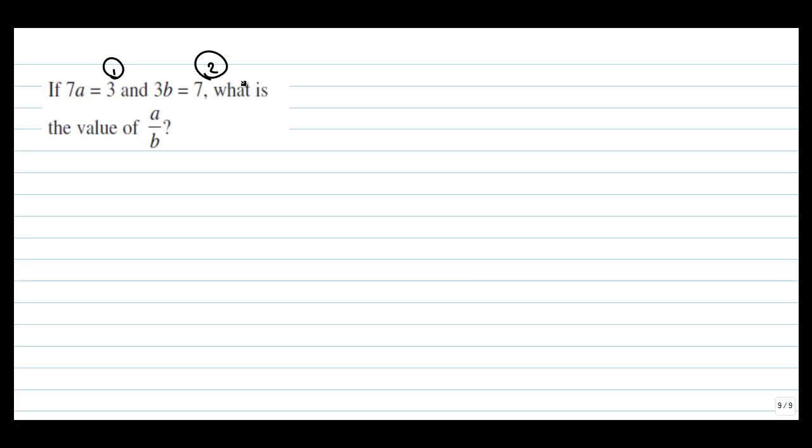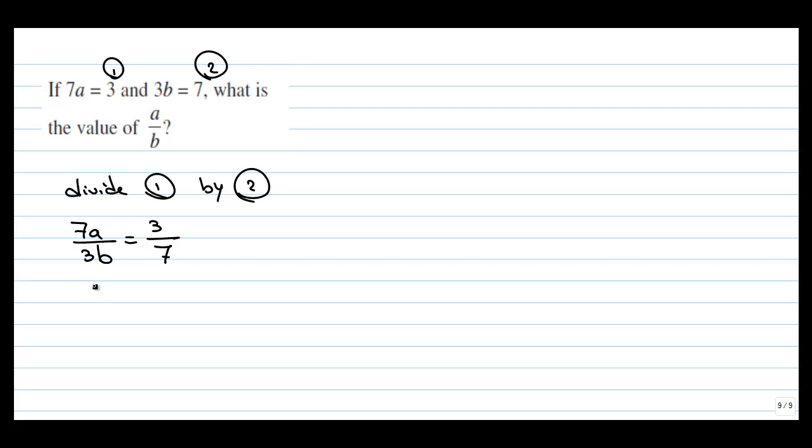You give the equations a number, and you just divide 1 by 2. All right? So if you do this, you divide the left-hand sides. So you do 7a over 3b, and then you divide the right-hand side, right? 3 over 7. Right? Big 7.